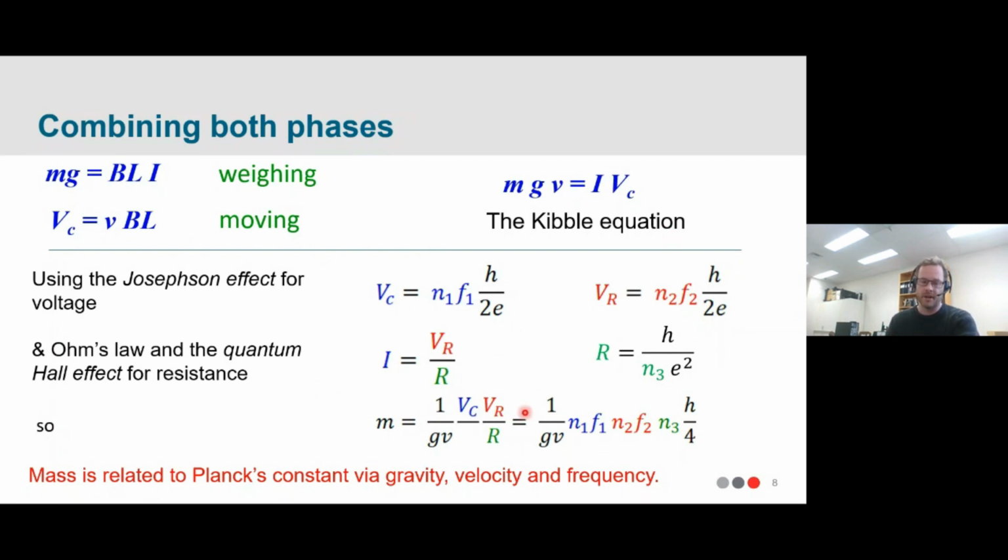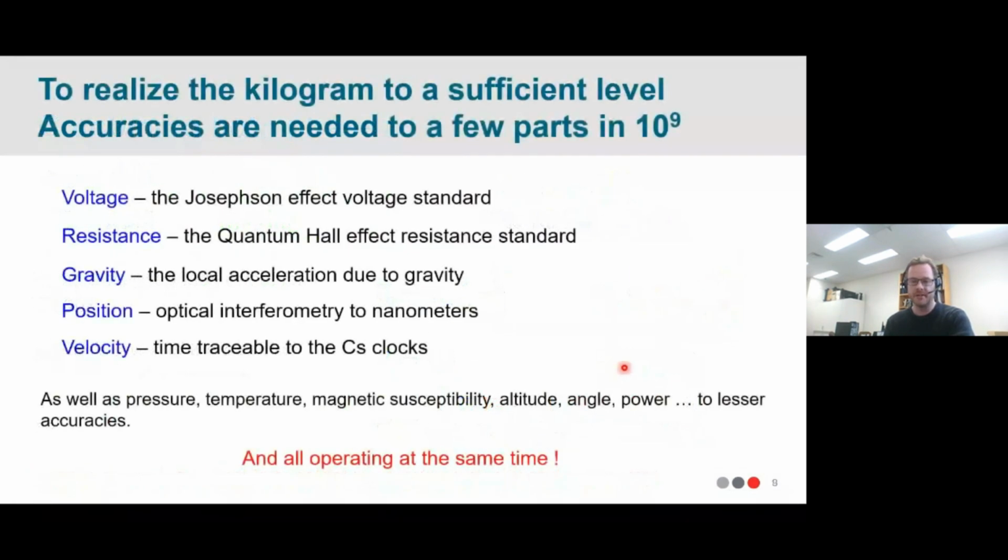When all those things are combined, we have mass in terms of gravity, and then frequency. So this comes back to the frequency we saw very early in the presentation, where mass is related to frequency as well as speed of light and Planck's constant. So we have here Planck's constant, and these n's are just integers that come from the quantum effects of the standards.